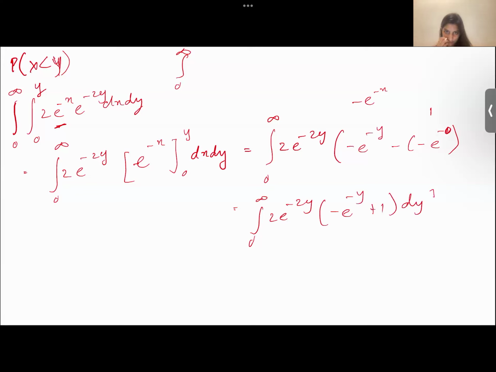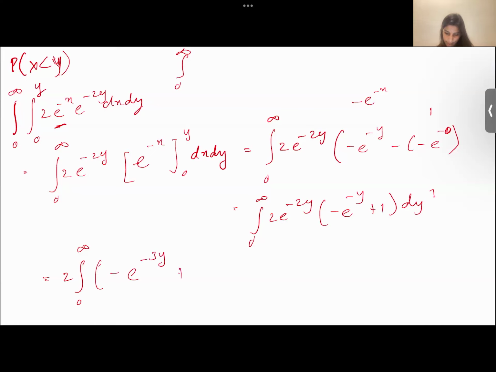Now all these are in terms of y, so it will be easier. You just keep 2 out because that is the only constant. 0 to infinity, e power minus 2y, so you'll have minus e power minus 2y minus y, which is minus 3y.